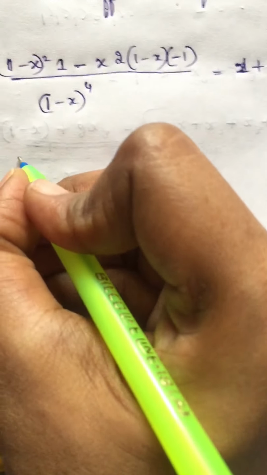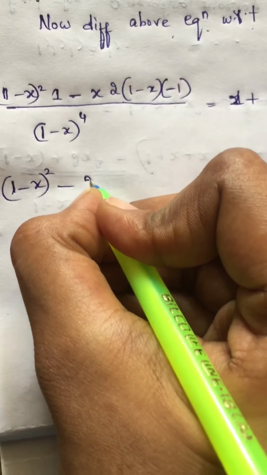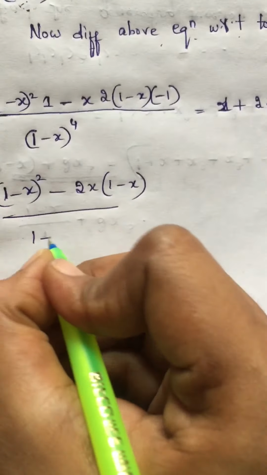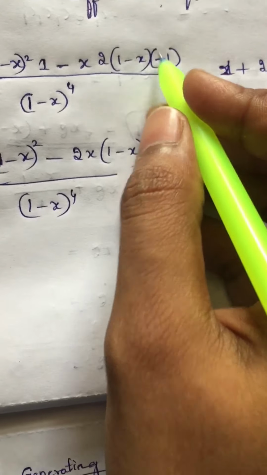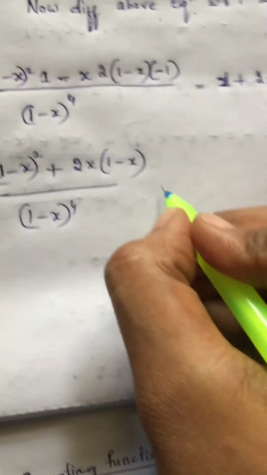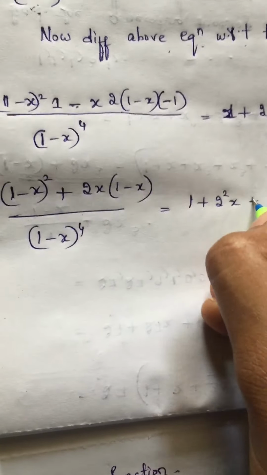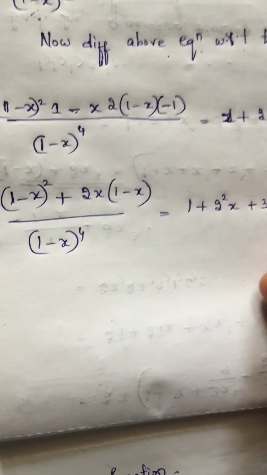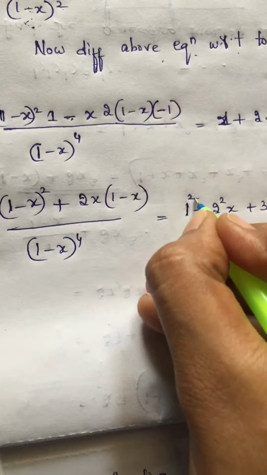On the left side we have (1 minus x) whole square and 2x into (1 minus x) over (1 minus x) to the power of 4. Minus of minus becomes plus. The series is 1 plus 2 square x plus 3 square x square plus 4 square x cube, and so on. We can write 1 as 1 square, whose value is already 1.